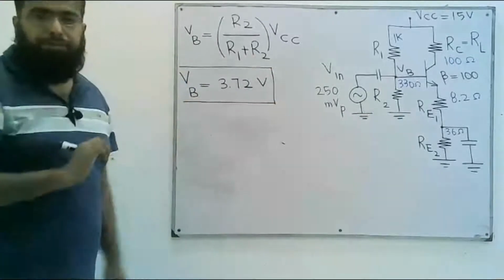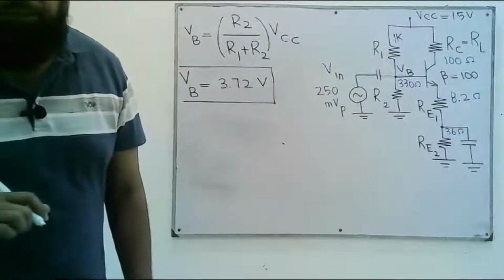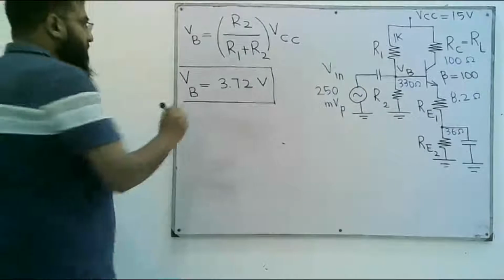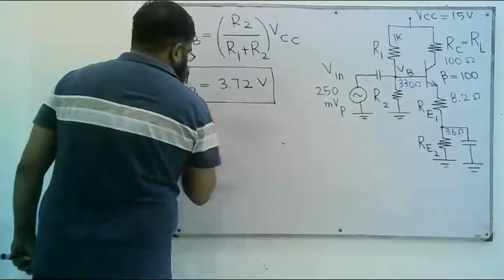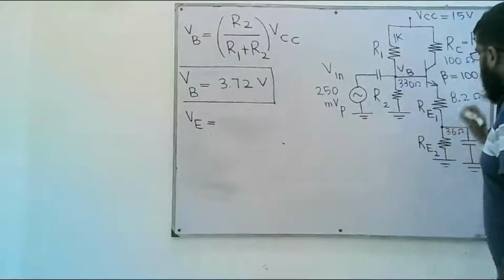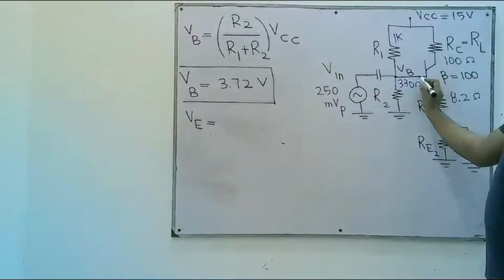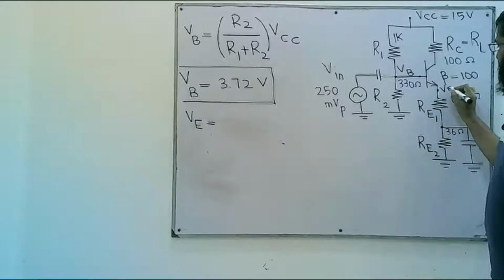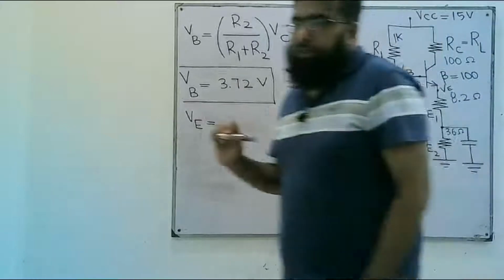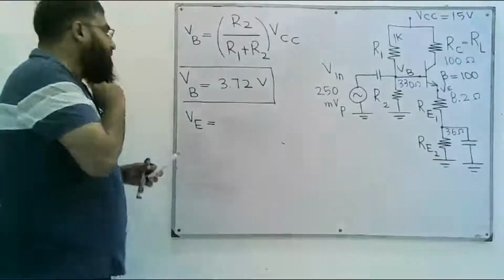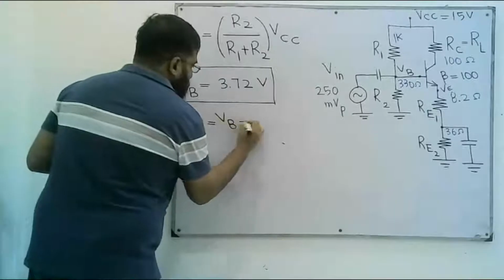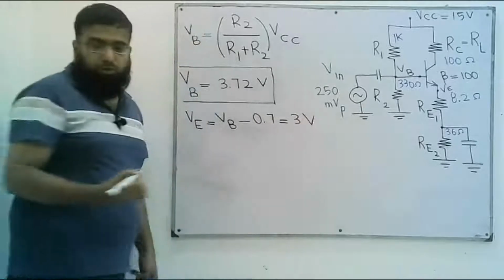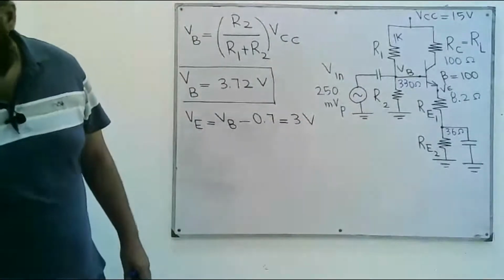And then VE is the voltage at the emitter terminal with respect to ground. Since the base emitter drop is 0.7 volts, VE is VB minus 0.7, so it comes out to be approximately 3 volts.